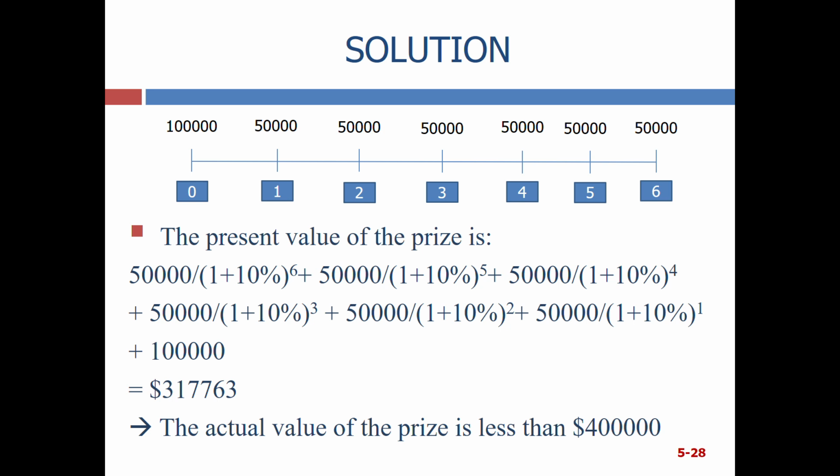We use the present value formula to discount each payment back to today, and then add them up. The last $50,000 payment has 6 discount periods. The previous $50,000 payments had 5, 4, 3, 2, and 1 discount periods. Finally, we add the $100,000 we received today. And this is the present value of our reward, and it is clearly worth less than $400,000.